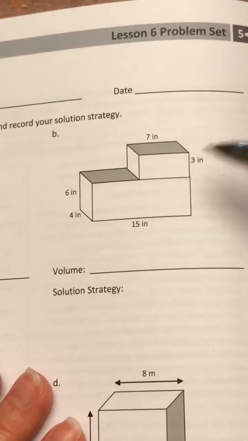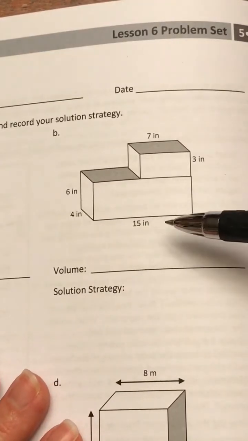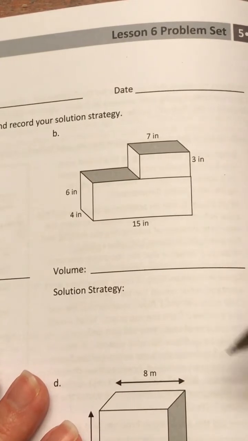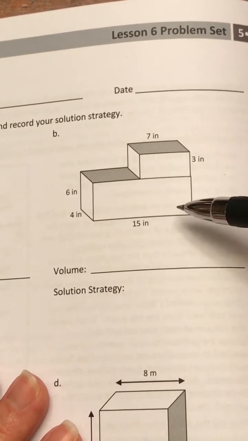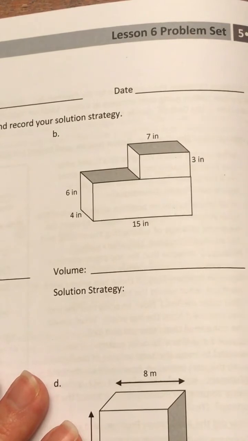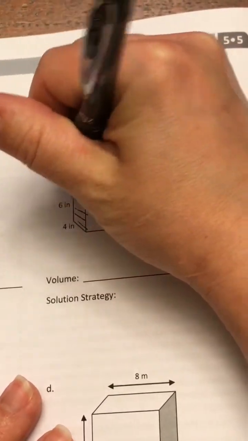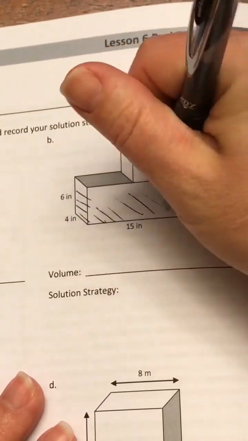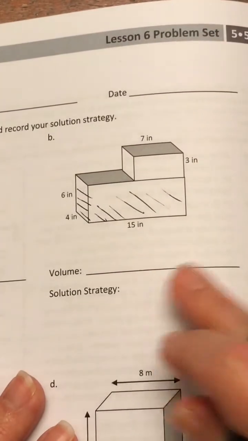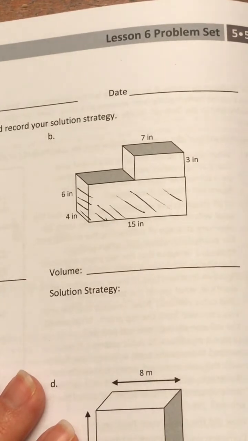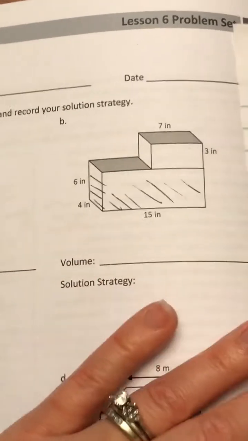All right, so we are looking to find the volume of this structure. Again, we have two different boxes here. I'm going to start. I noticed that this first box has all the measurements that I need, so I am going to find the volume of that box.